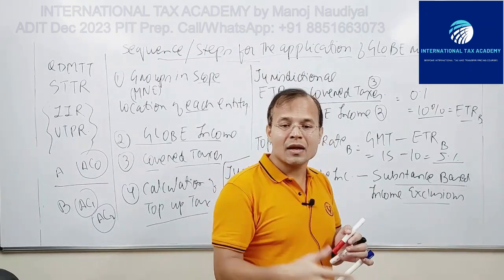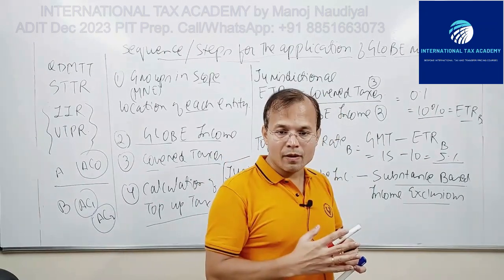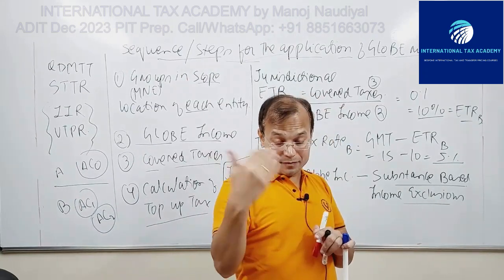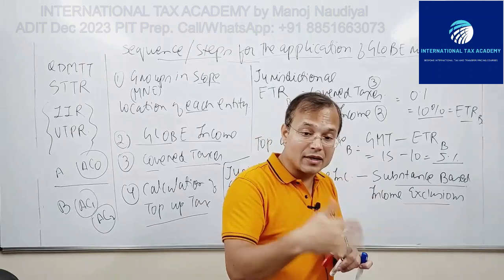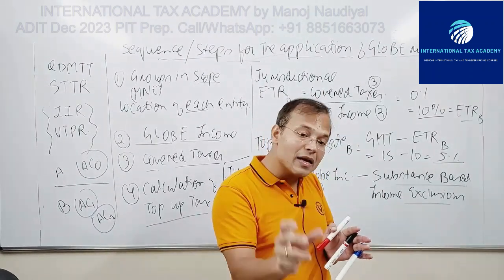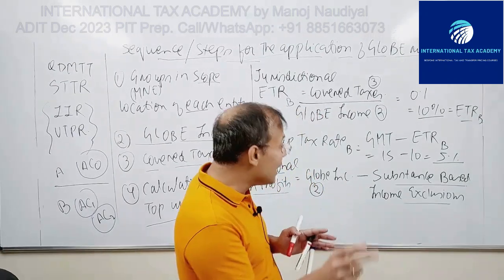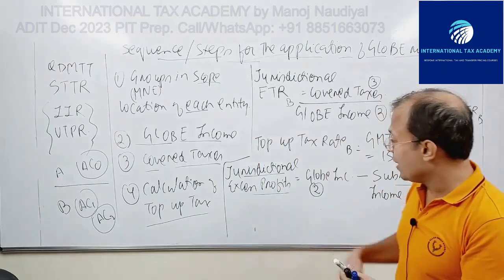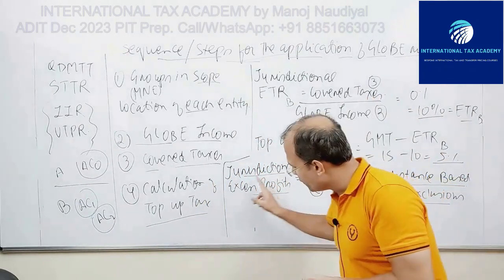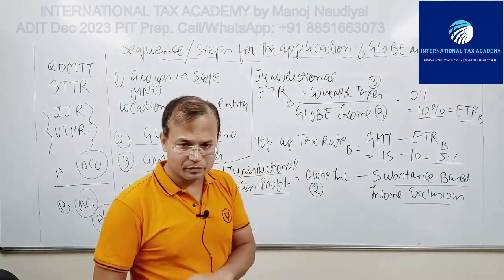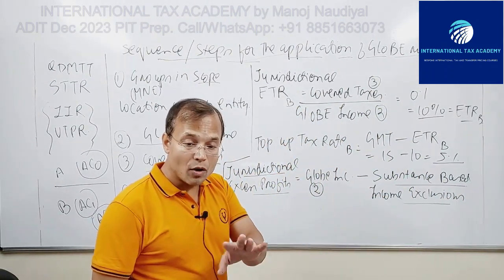So return on tangible assets and expenditure on payroll, that is return on payroll. On the basis of these two factors, substance based income exclusions will be calculated and they will be deducted from the GLoBE income to arrive at the jurisdictional excess profit. Again, the calculation etc. is provided in the modules and the commentary.